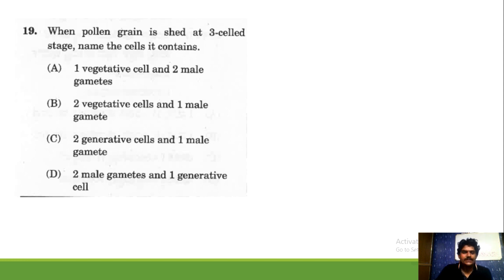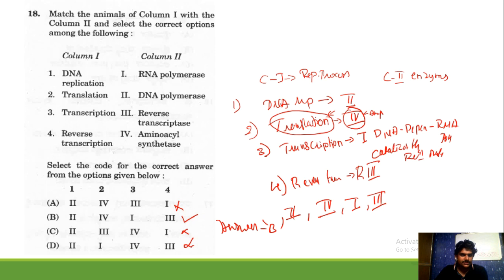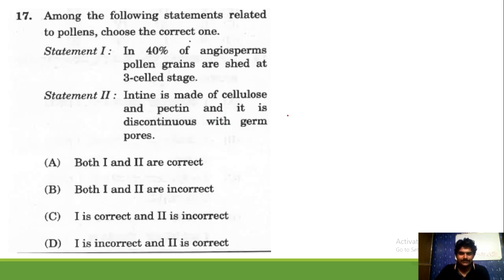Okay, fine. The next question says that when a pollen grain is shed... I think I have left out the 17th question. Sorry, pardon me. Let's complete this 17th question. Among the following statements related to pollen, choose the correct one. Statement one says that 40% of angiospermic pollen grains are shed at the 3-celled stage.